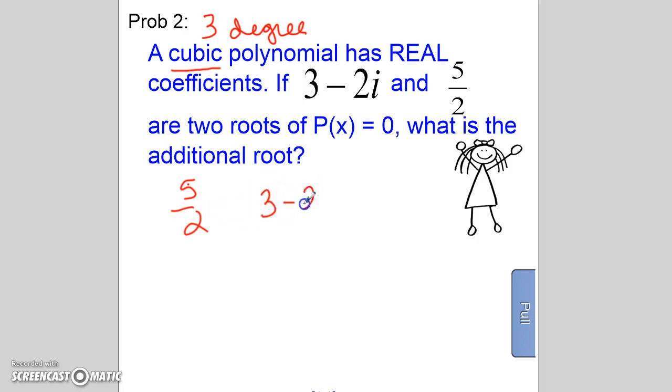But I know that 3 minus 2i is a complex number, so it always has to occur in pairs. So my other root is 3 plus 2i, which is the conjugate of 3 minus 2i. And I've got 1, 2, 3 roots, and it's third degree, so I'm all set.